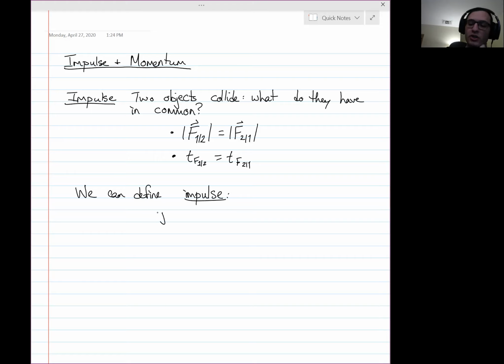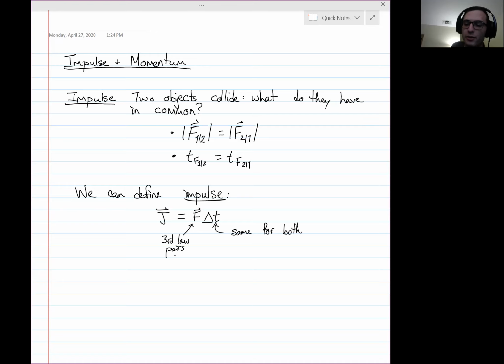And that quantity, J, is equal to some force times some duration. This is the same for both in a collision. And these are third law pairs.